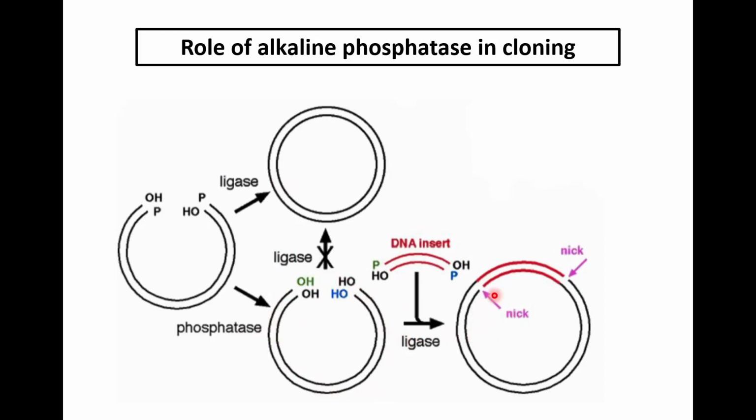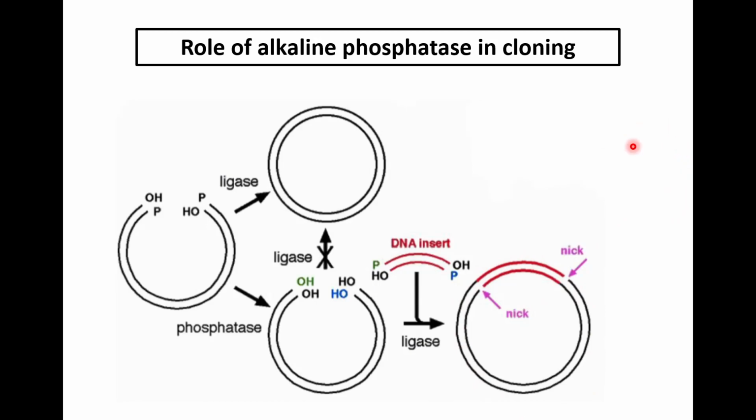Then you see there are two nicks that are still created. Okay, so you treat it with the ligase, but there are two nicks which are still there. Then you transform this vector into a bacteria.